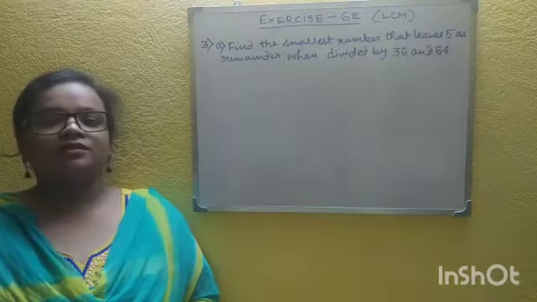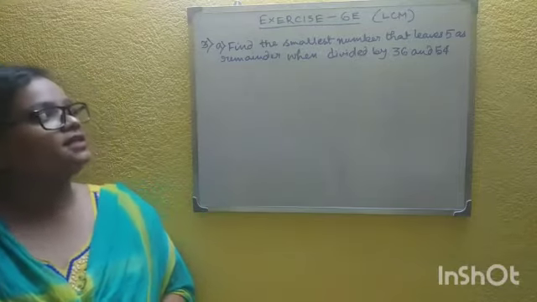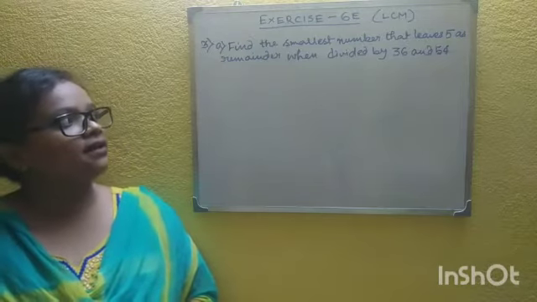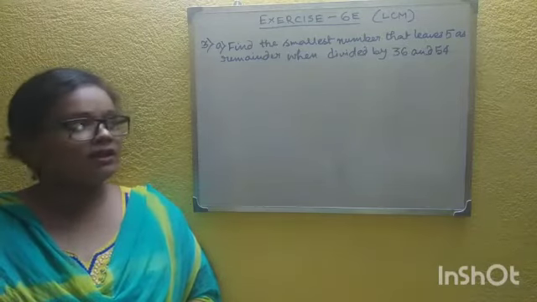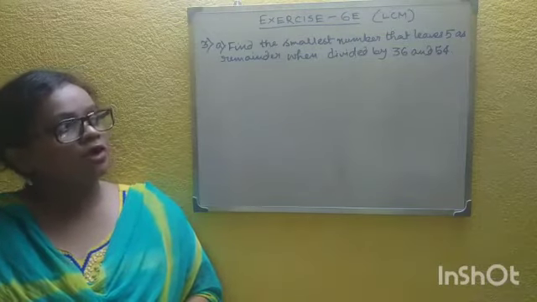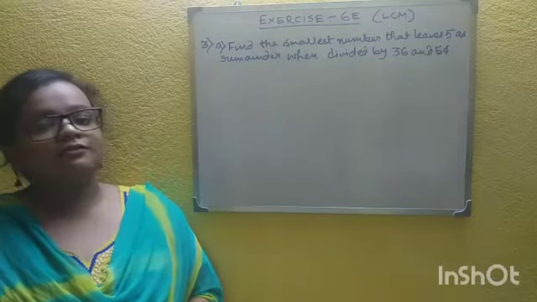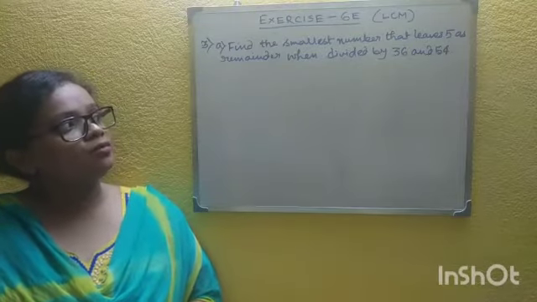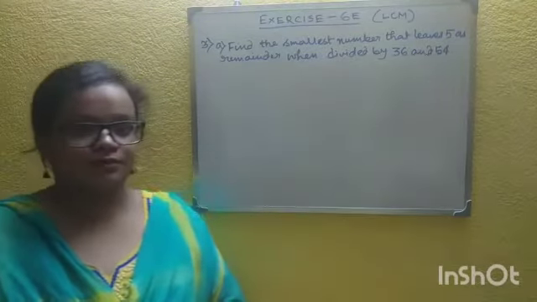Now let's solve the next problem. It says find the smallest number that leaves 5 as remainder when divided by 36 and 54. That is, to solve this problem, first we will have to find the smallest number that is divisible by both 36 and 54.